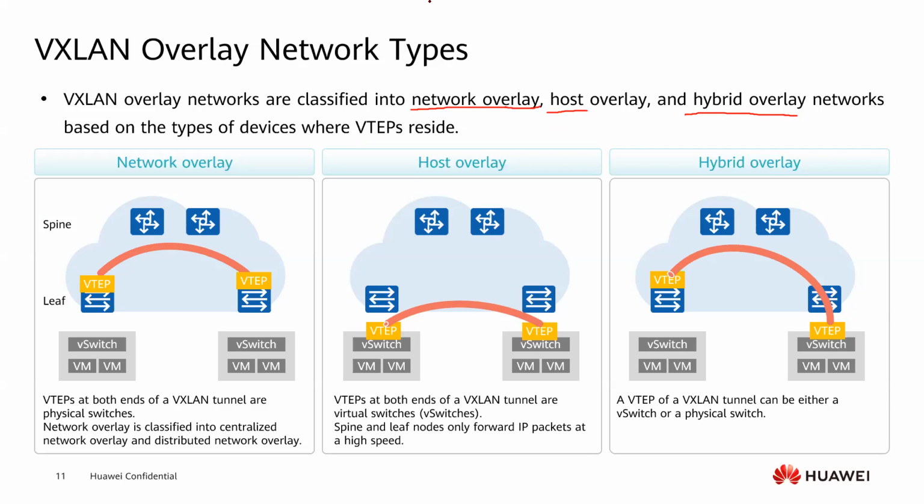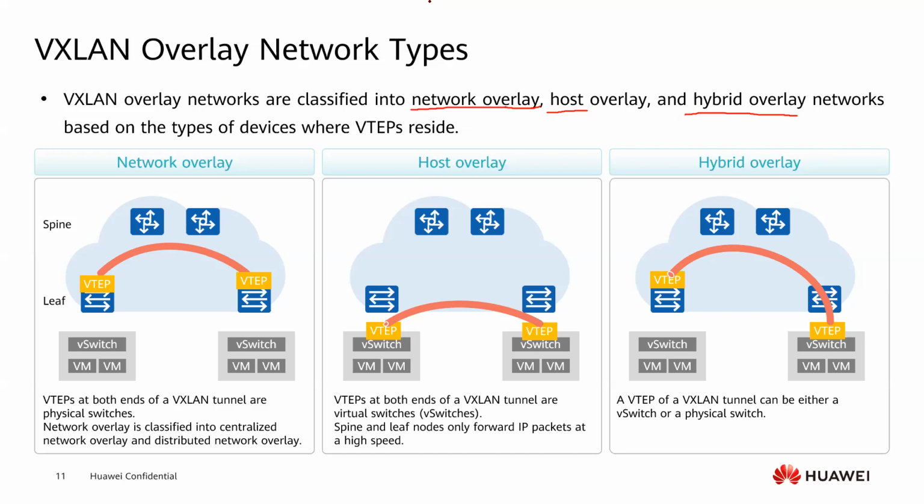And what is the host overlay? It means all the endpoints, all the VTEPs, are functioned by the vSwitch. Yes, a vSwitch is a switch that functions by software, and this software is running in the physical server. You will find that the physical server has a vSwitch built in, and it can function like a traditional switch.